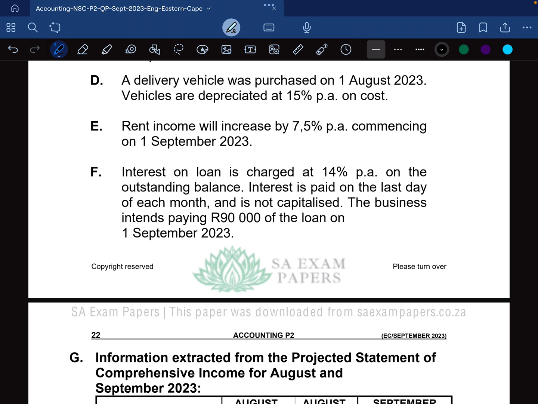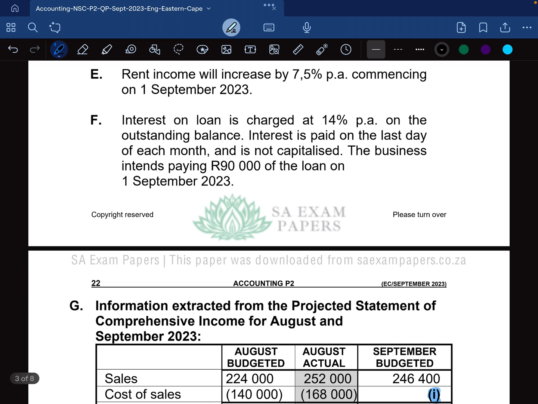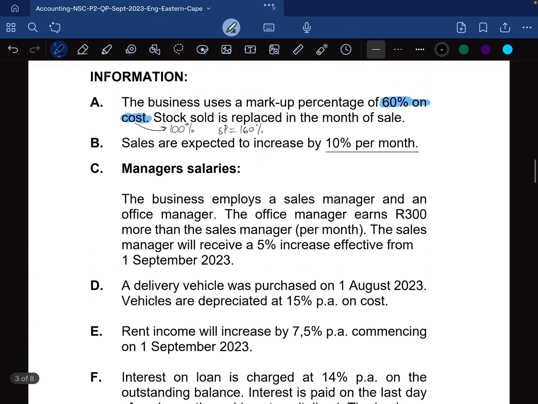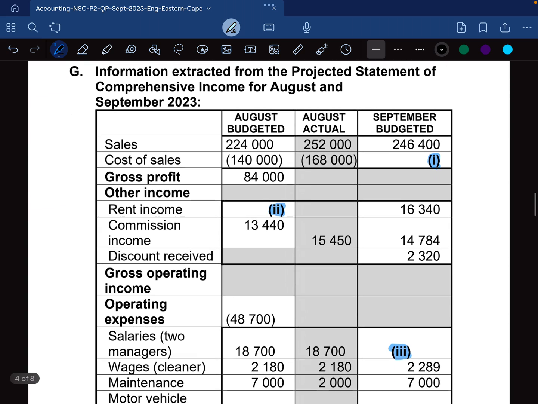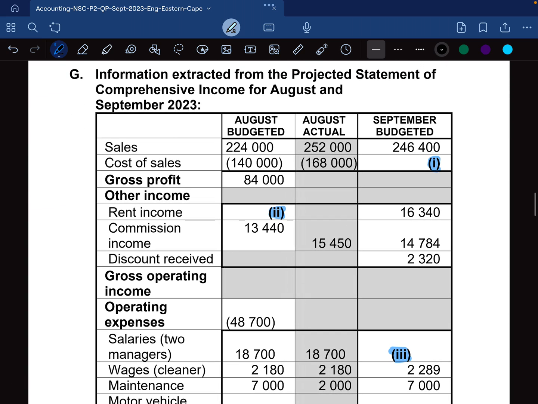Then F, interest on loan is charged at 14% per annum on the outstanding balance. Interest is paid on the last day of each month and is not capitalized. The business intends paying 90,000 of the loan on the 1st of September 2023. So this is the information we are supposed to consider when looking at our projected income statement.